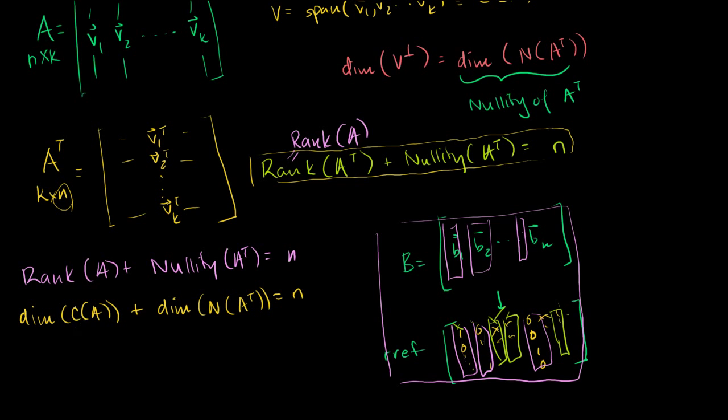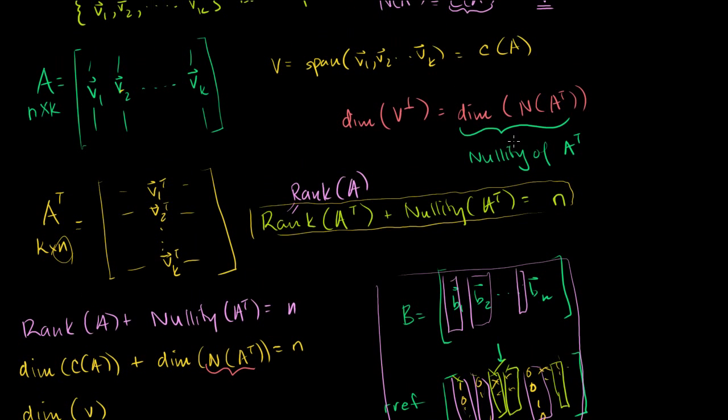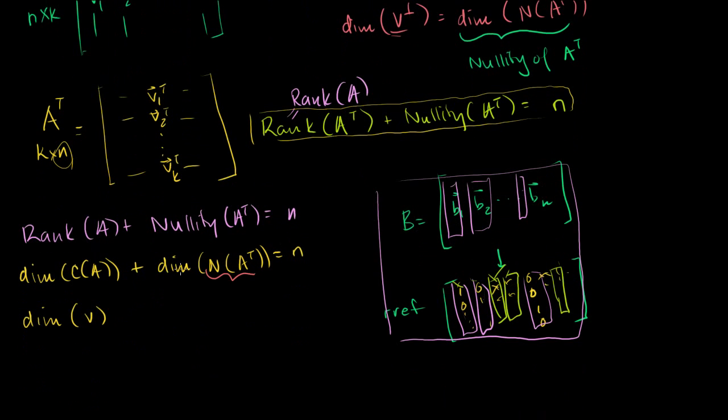And what's the column space of A? The column space of A is what's spanned by these vectors right here, which were the basis for V. So this is the same thing as the dimension of V. The column space of A is the same thing as my subspace V that I started this video with. And what is the null space of A transpose? The null space of A transpose, we saw already, is the orthogonal complement of V. So I could write this as plus the dimension of the orthogonal complement of V is equal to n.